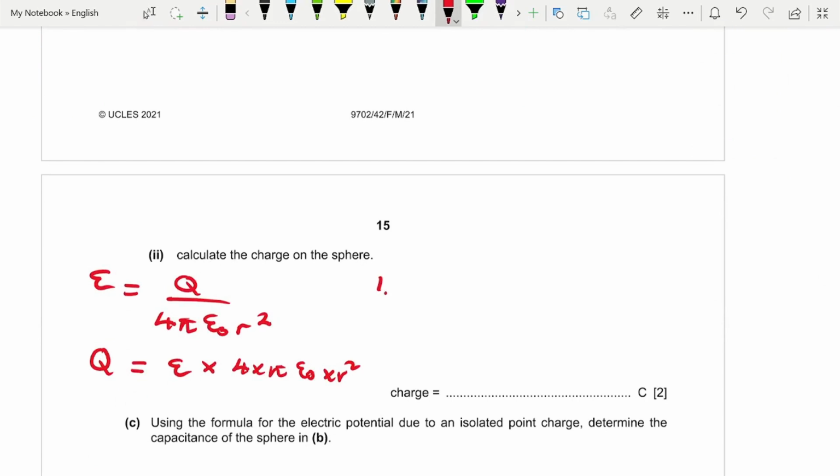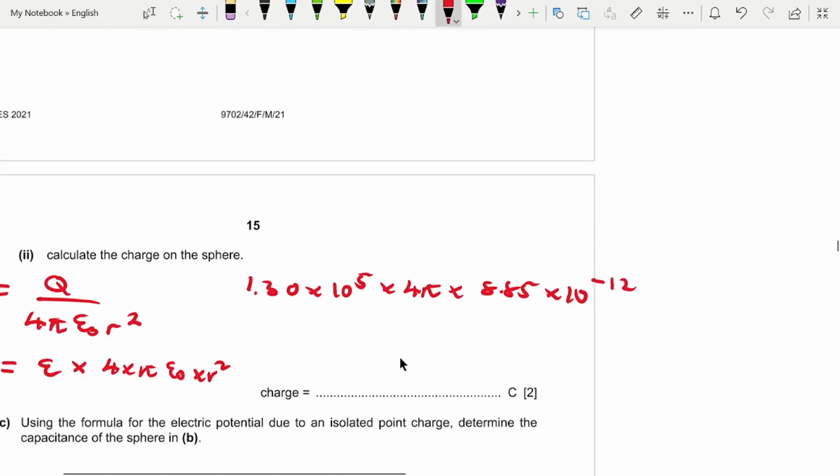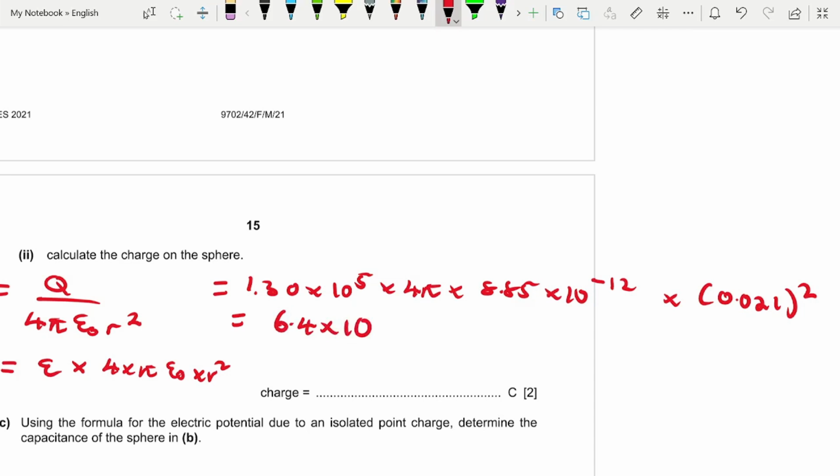So we're going to have 1.30 times 10 to the power 5, times 4 pi, the epsilon is 8.85 times 10 to the power of negative 12, multiplied by our radius, which is 0.021, all of that squared, and that's going to give you a charge of 6.4 times 10 to the power of negative 9.